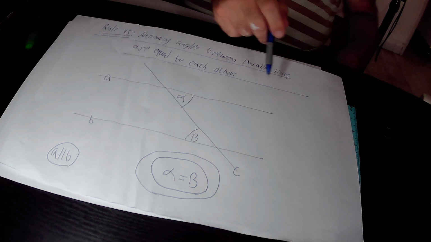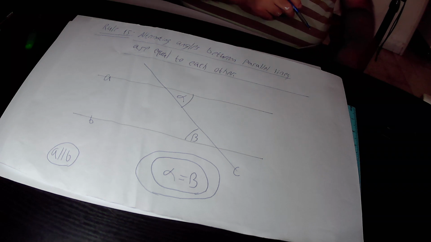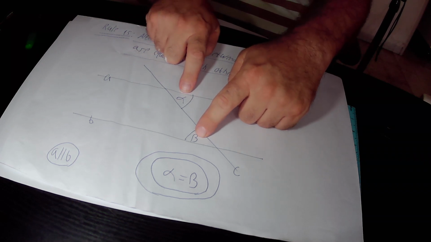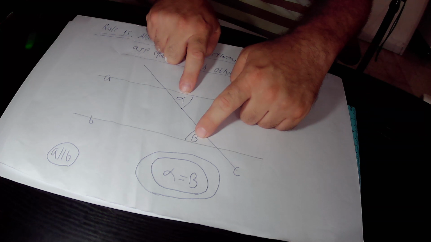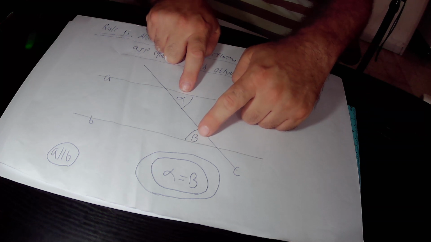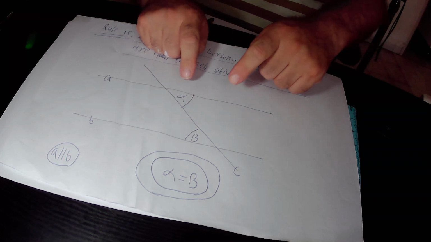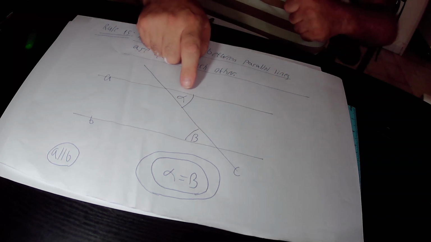In the drawing we have line A that is parallel to line B, and we have two angles, alpha and beta, defined as alternating angles. Because alpha and beta are located between the two parallel lines A and B, they must be equal in size. That is to say, alpha equals beta.